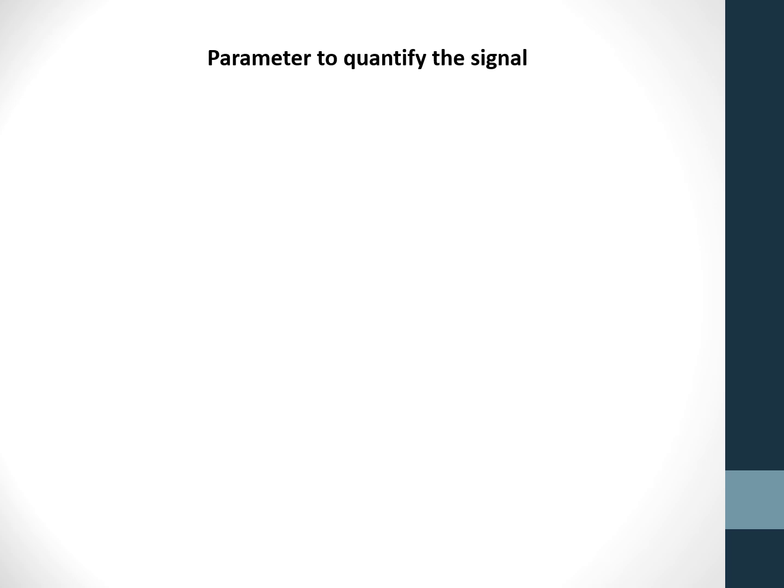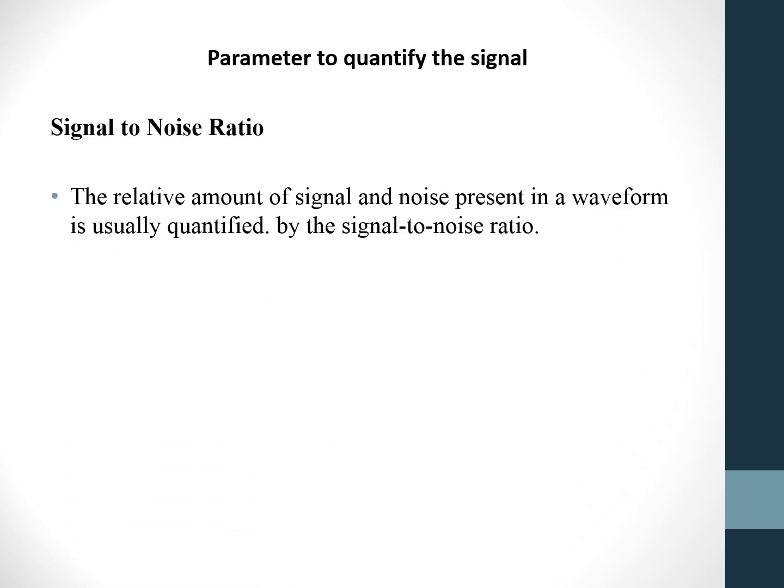The first parameter which we can use to characterize the noise is signal to noise ratio, that is SNR. The relative amount of signal and noise present in a waveform is usually quantified by signal to noise ratio.